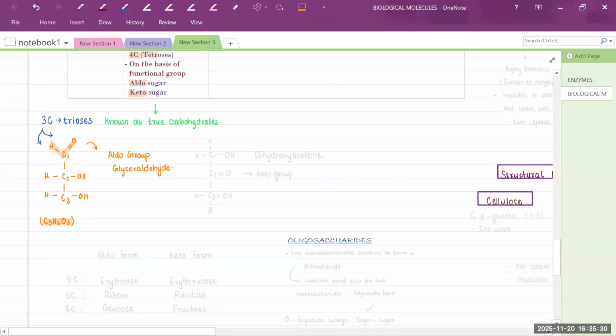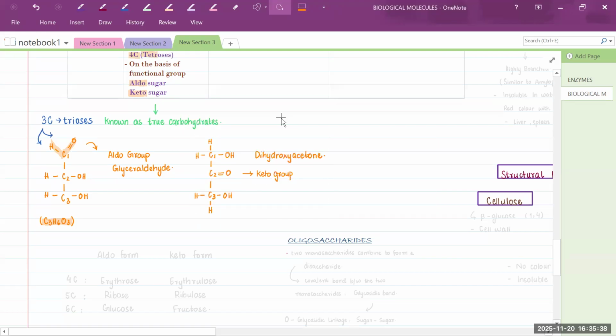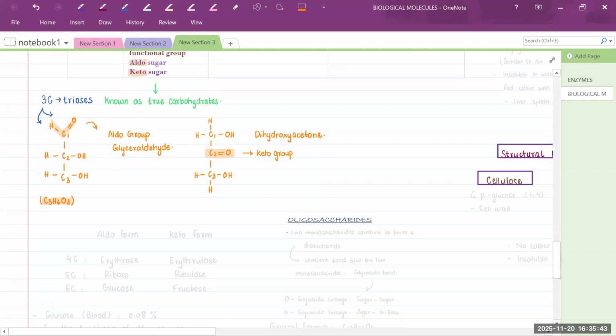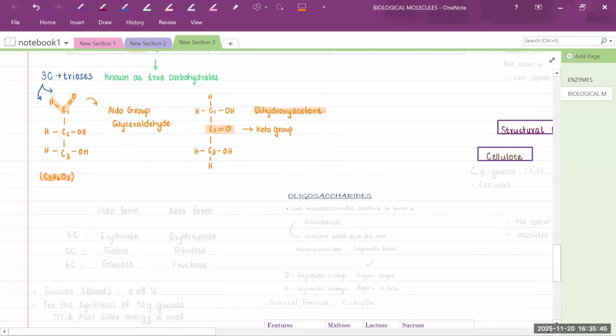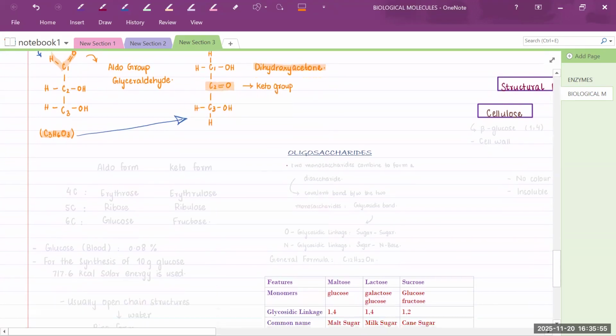Now, the keto form of this monosaccharide will be this. Now you can see this is the keto group as shown here, and it is known as dihydroxyacetone, and it has the same molecular formula. They are isomers of each other, but the structural formula will be different.